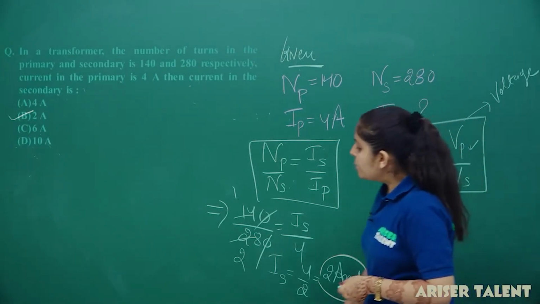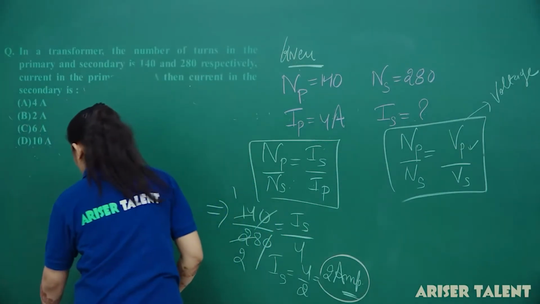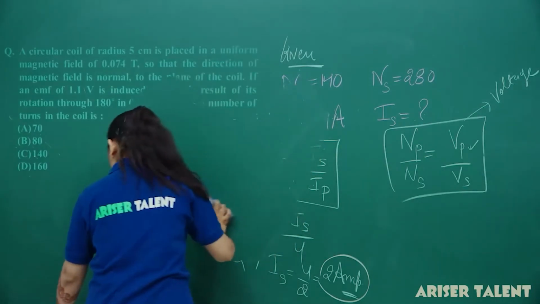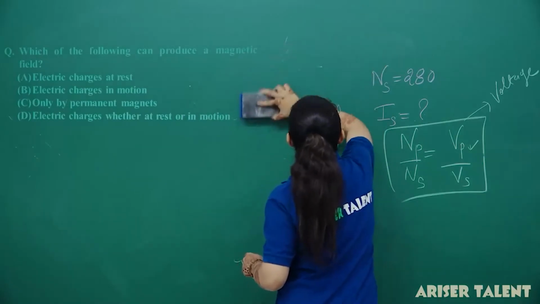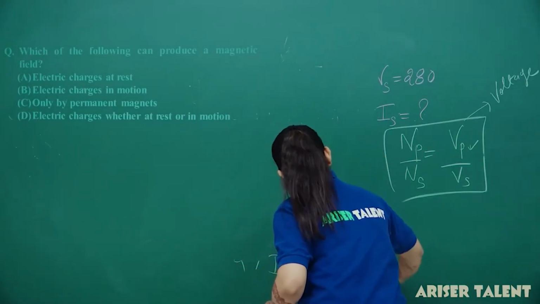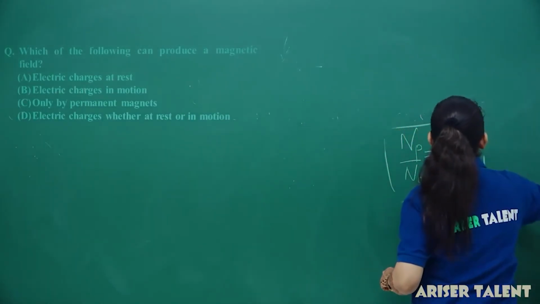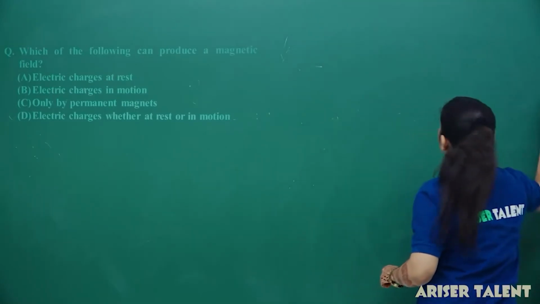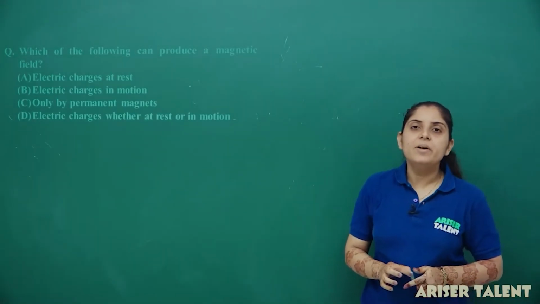Now let's move to the next question in this sequence. Which of the following can produce a magnetic field?